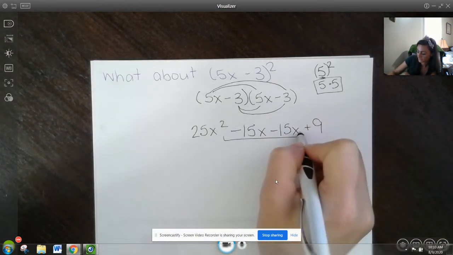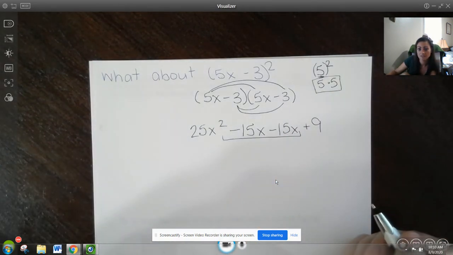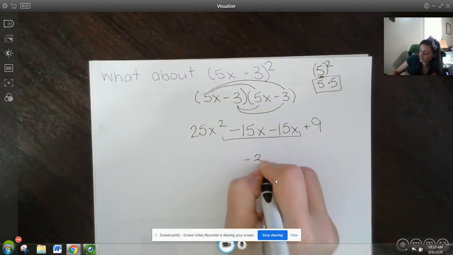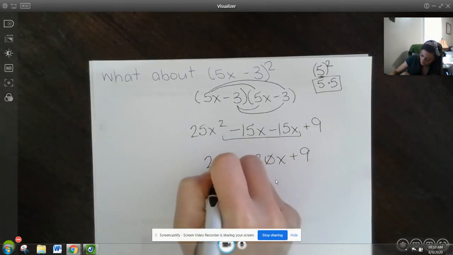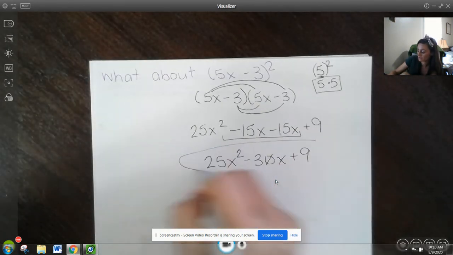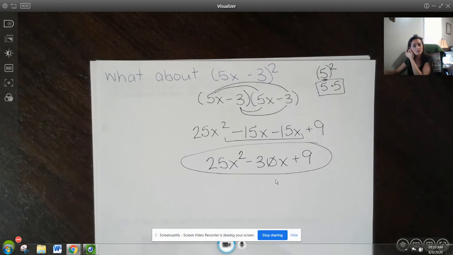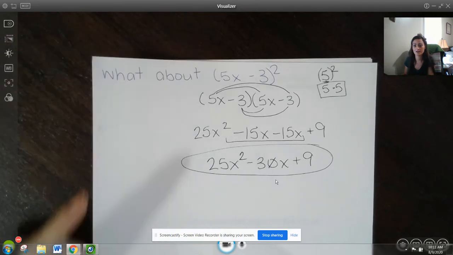So here, negative 15x plus another negative 15x is going to give me negative 30x. So my resulting polynomial will be a quadratic trinomial, 25x squared minus 30x plus 9.